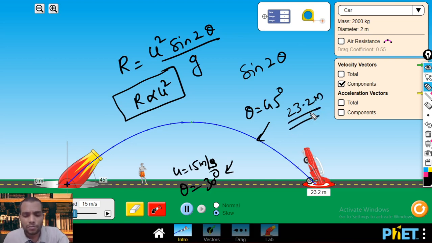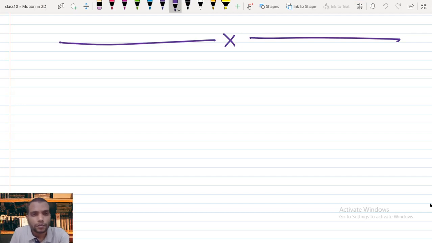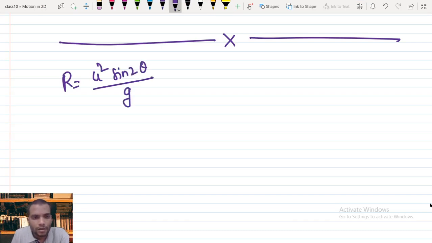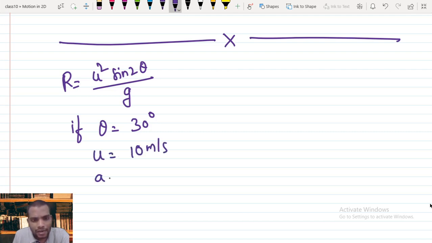Let's do some simple mathematics to see how theta affects the horizontal range. For horizontal range, R equal to u square sine 2 theta upon g. Suppose theta equal to 30 degree, initial velocity u equal to 10 meter per second, and acceleration due to gravity g is approximately 9.8.